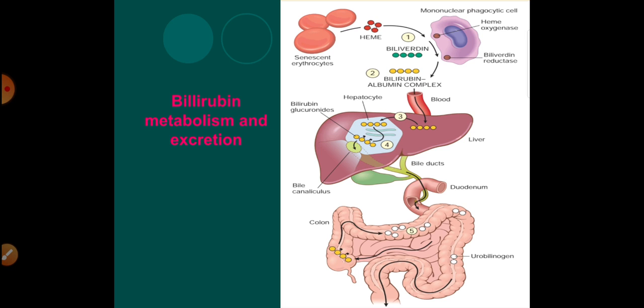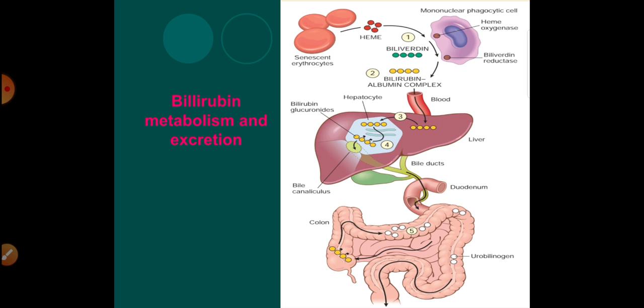In the hepatocytes, it will be conjugated, and the bilirubin, which is fat soluble, not water soluble, will be converted to water soluble conjugated bilirubin and secreted into the biliary canaliculi. From there, it will be taken up and stored in the gallbladder.